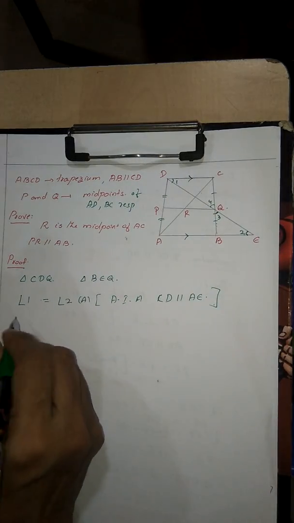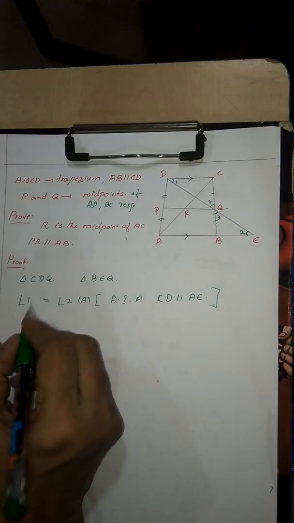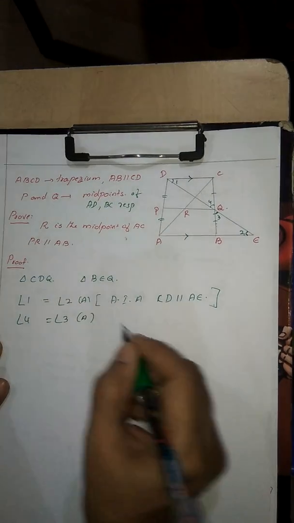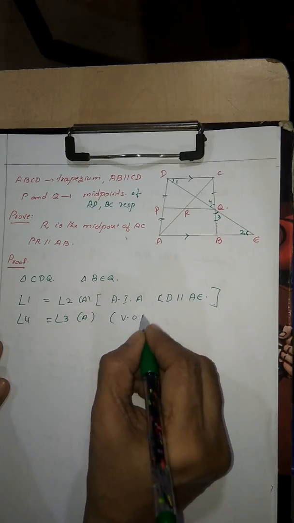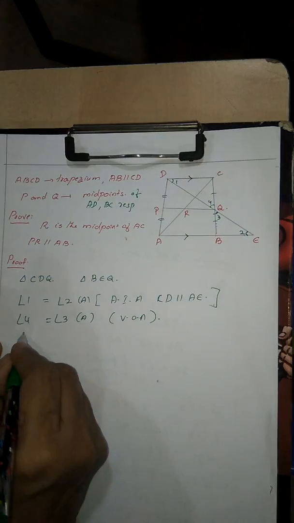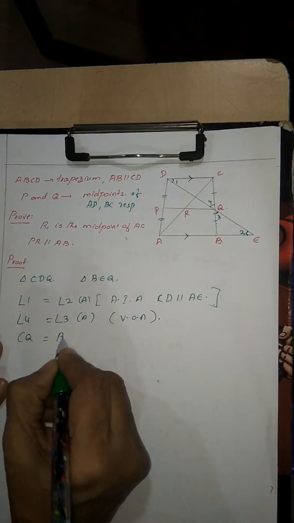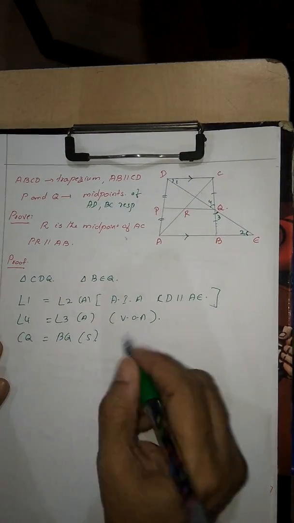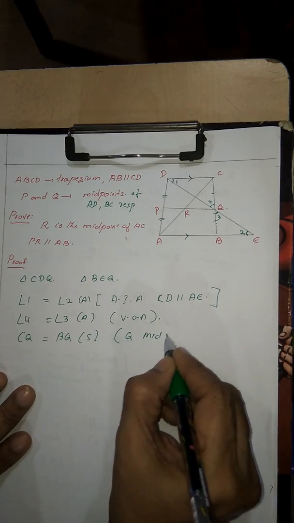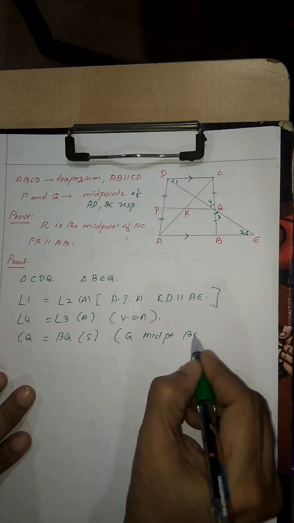Angle 3 is equal to angle CDQ, so angle 4 is equal to angle 3. It is vertically opposite angles. And then we have CQ is equal to BQ, since Q is the midpoint of BC.